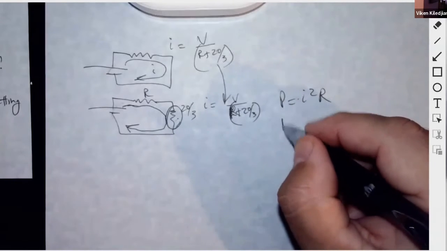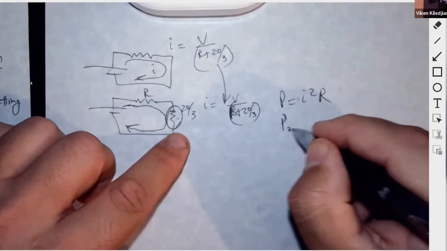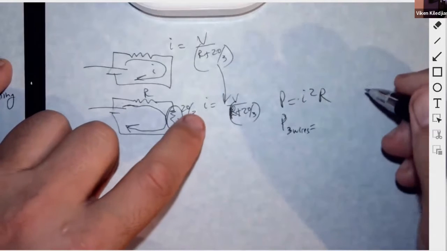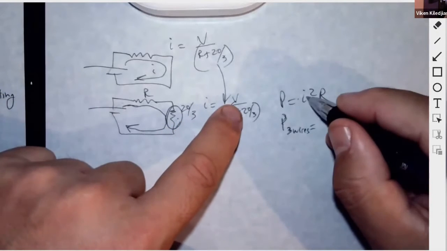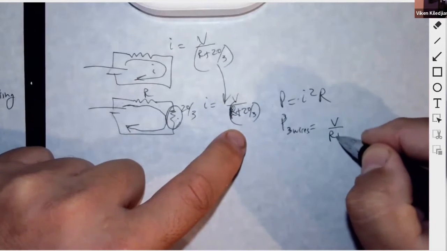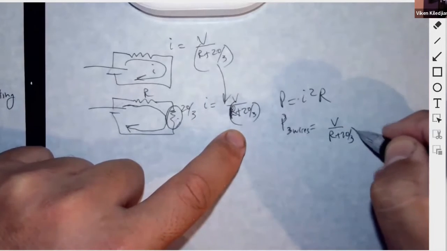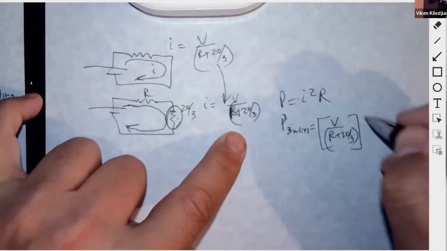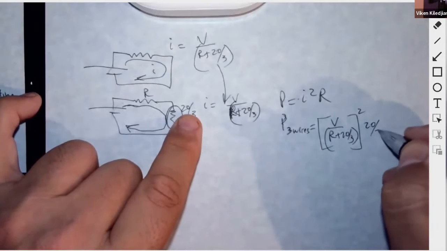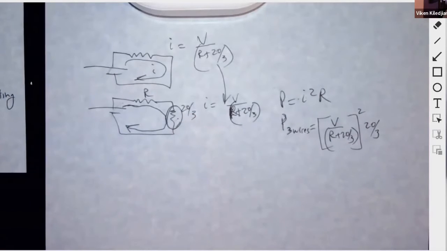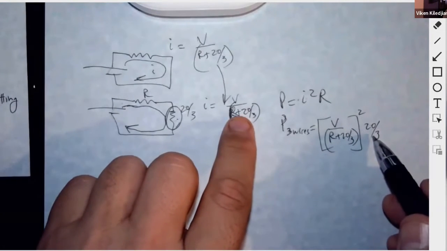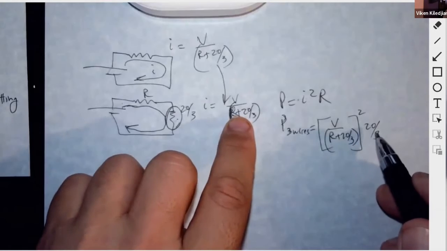So then you can say the power lost in the three resistors, the three wires, is going to be the current squared, V over R plus 20/3, squared, times the resistance, which is 20/3. Right? So now I want this power to be twice the power as the lowest setting.